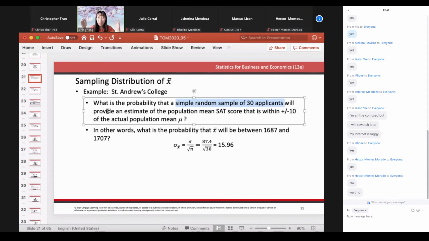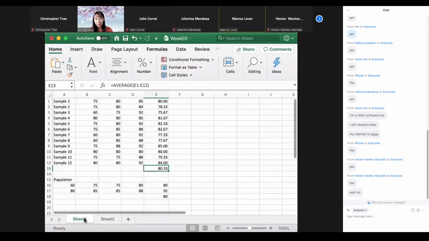It's a sample mean having a probability of 47% to be within this interval. It's not an individual student score. It's calculated from 30 students. I got the interval and the probability right, but I need to be more specific that this is not the entire population. This is a sample mean that we're looking at.